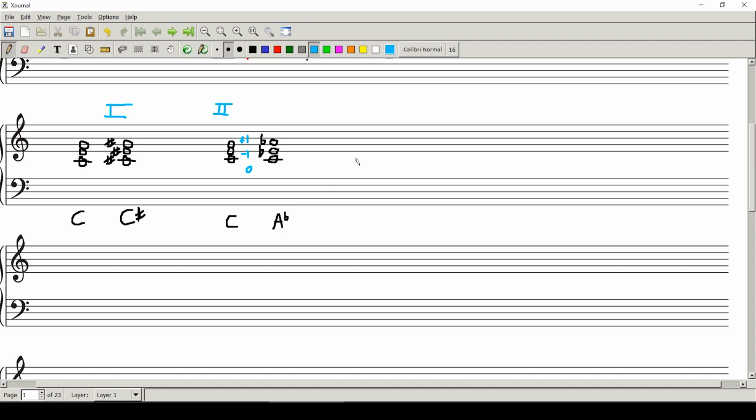Normally we think about changing inversion as doing something like the following. Taking C major and then going from C major in root position to C major in first inversion. That is C major with E as the lowest note.